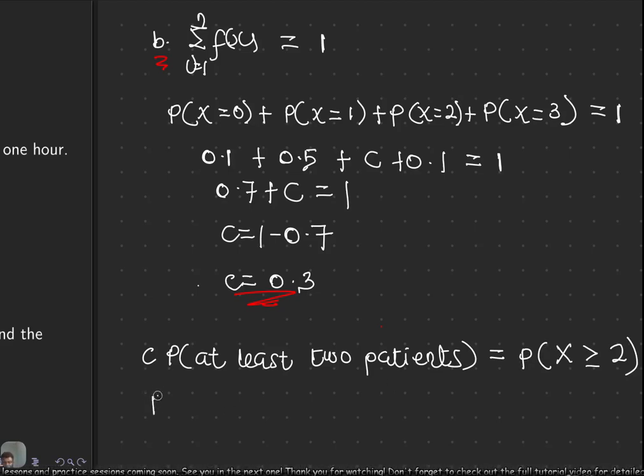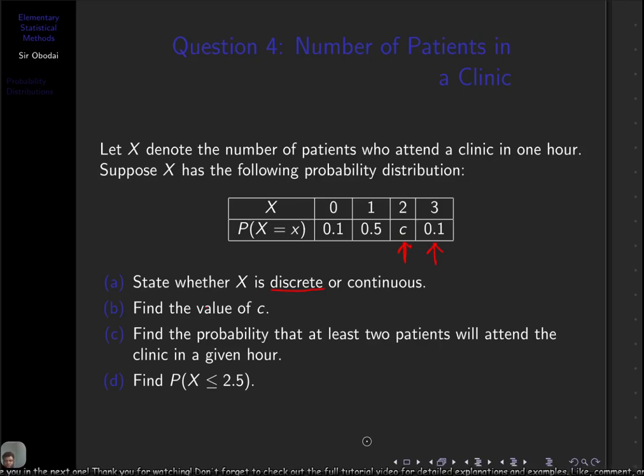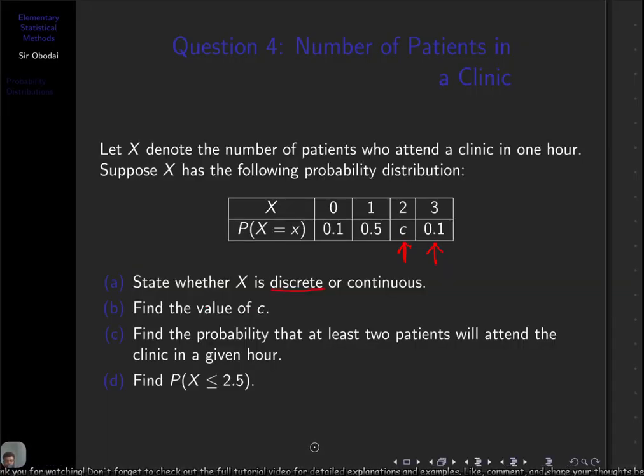So the probability that our random variable X is greater than or equal to 2 would mean we need the probability of X being equal to 2, and then the probability of X being equal to 3. From our table, the probability that X is equal to 2 is equal to C, and the C was 0.3, plus X being equal to 3 from the table, which is also 0.1.